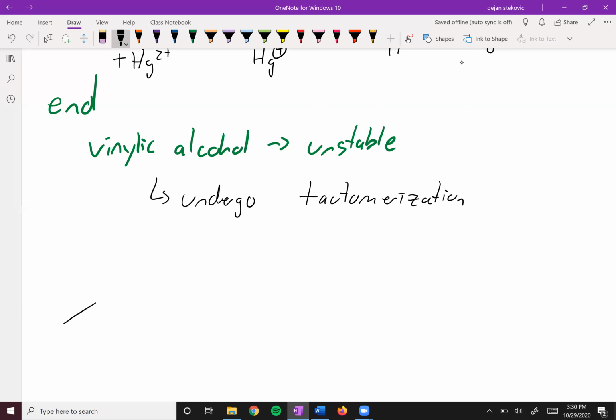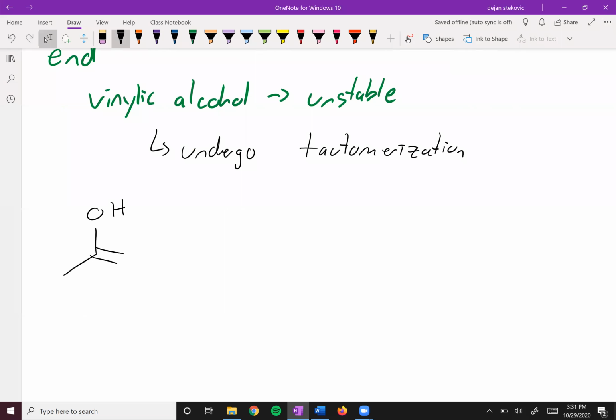So what happens here is we have our enol. In this case, it's going to be an acid catalyzed tautomerization. Our alkene will attack this H plus, which will add to the carbon opposite the alcohol. After that, this oxygen will form a double bond in essentially a resonance structure here.